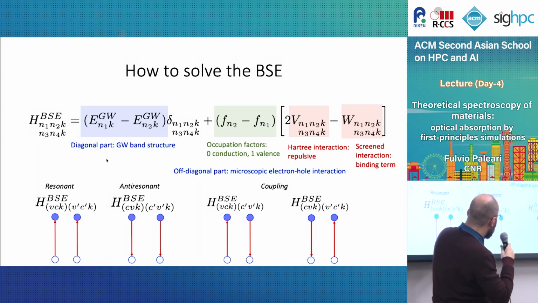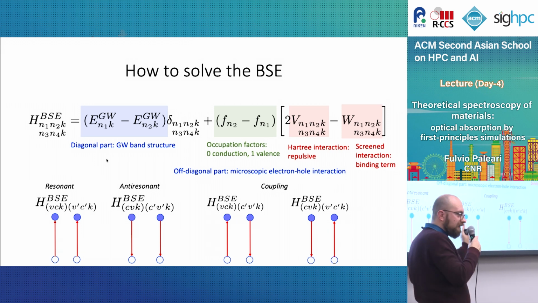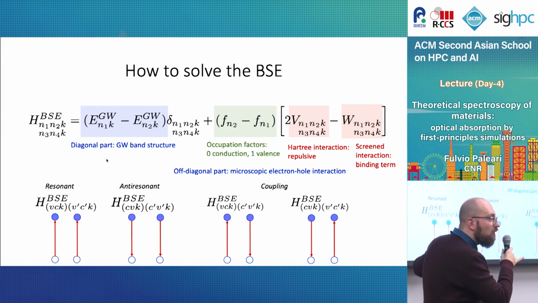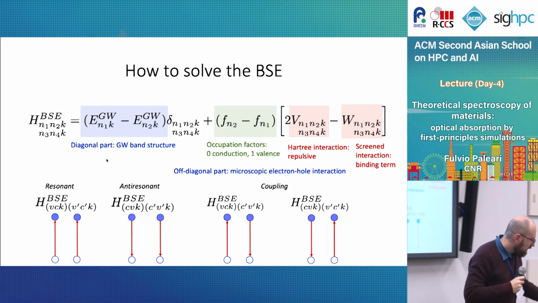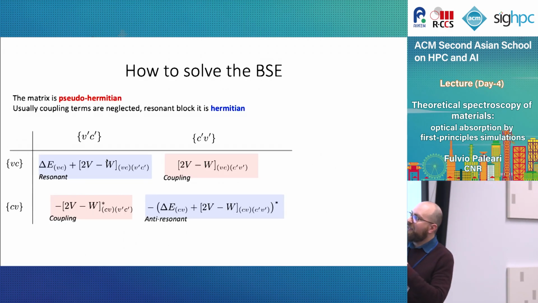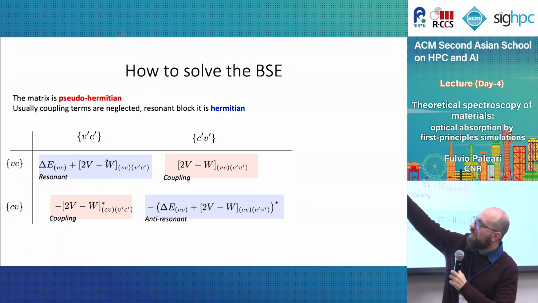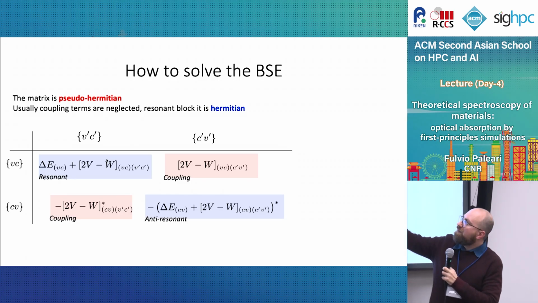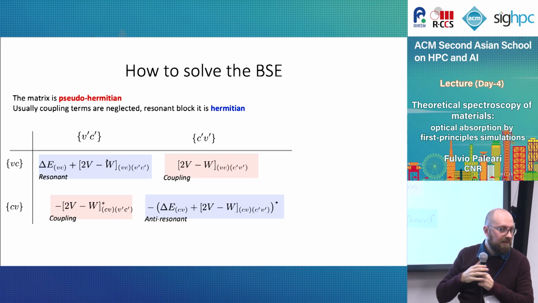We have those that couple transitions with negative energies, and then those that couple transitions with positive and negative energies together. So this creates 4 blocks in our matrix, which are represented here. So this is the so-called resonant part, where energy is positive, from valence to conduction, from valence to conduction. Anti-resonant, where energy is negative, from conduction to valence, from conduction to valence. And then the coupling parts.